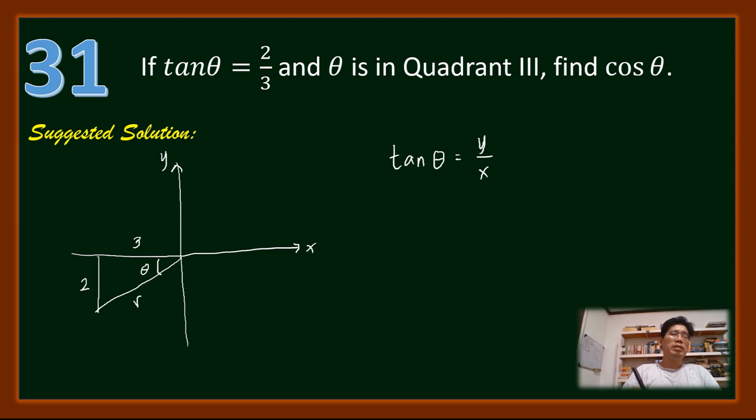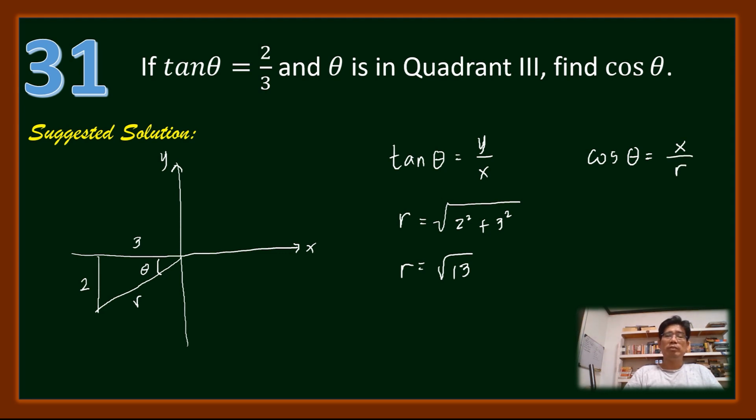So let r be the length of the radius vector. r therefore will be equal to the square root of x squared plus y squared. So r is equal to the square root of 13. 4 plus 9 is 13. Also, we know that cosine theta is equal to the adjacent side to theta, which is x, over the radius vector.